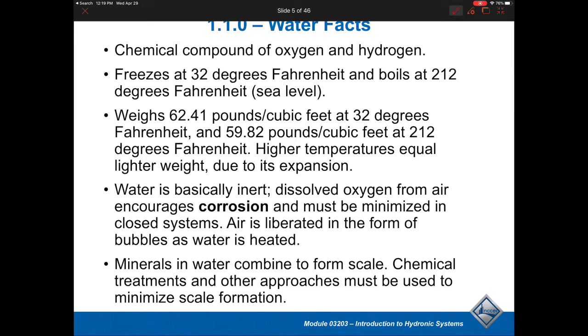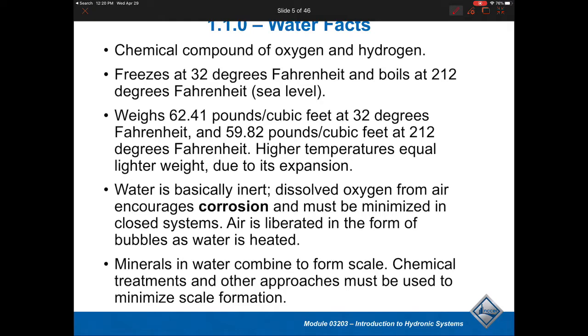Obviously, higher temps, lighter weight. Primarily the reason the density decreases is that the water is expanding. Those molecules are getting bigger, so you have less of that fluid in the same space, which is why it becomes lighter. It's all about molecular expansion.